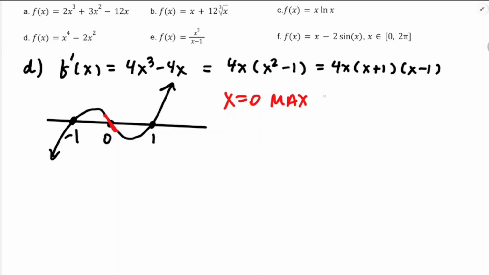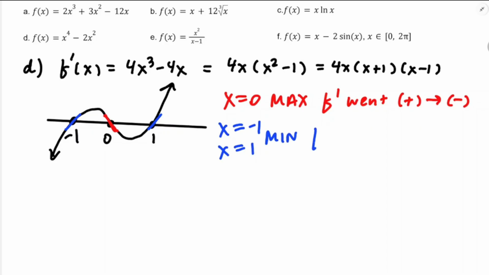X equals 0 maximum, f prime went from positive to negative. I would think that I'd written that enough times that I could remember, but the other ones are going to be minima because the derivative is going from negative to positive. Okay, so this is a minimum because f prime went from negative to positive, and we are ready to move on.